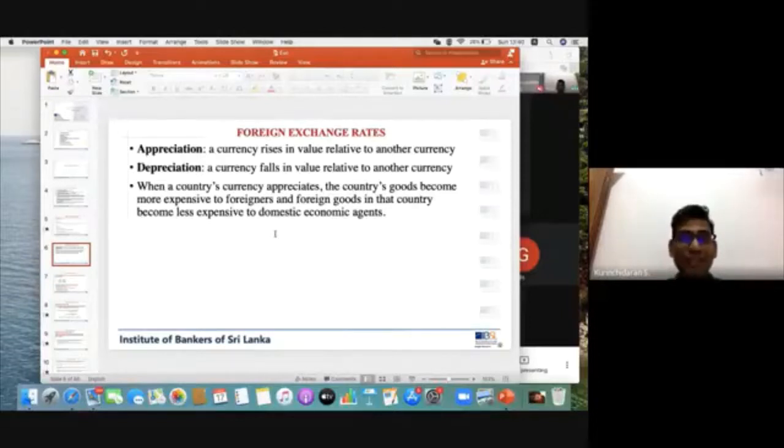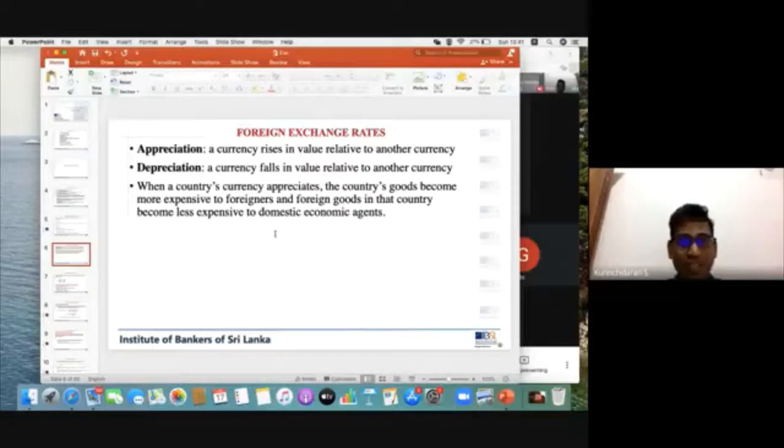And foreign goods in that country become less expensive to domestic economic agents. That means if we are buying a foreign good, an imported good, and our currency has appreciated, then that becomes less expensive to us.